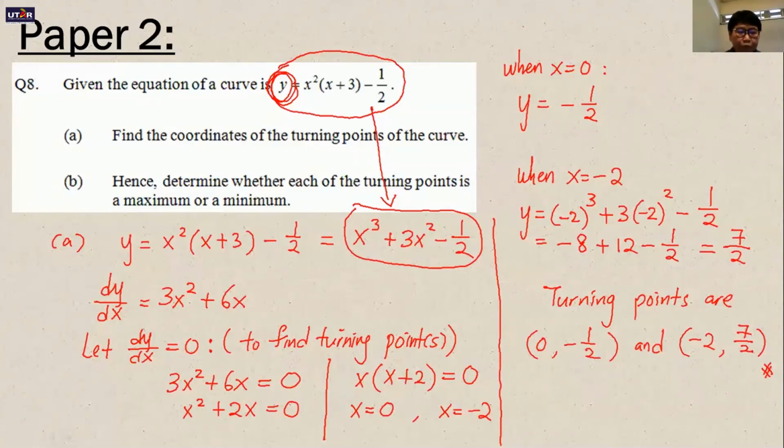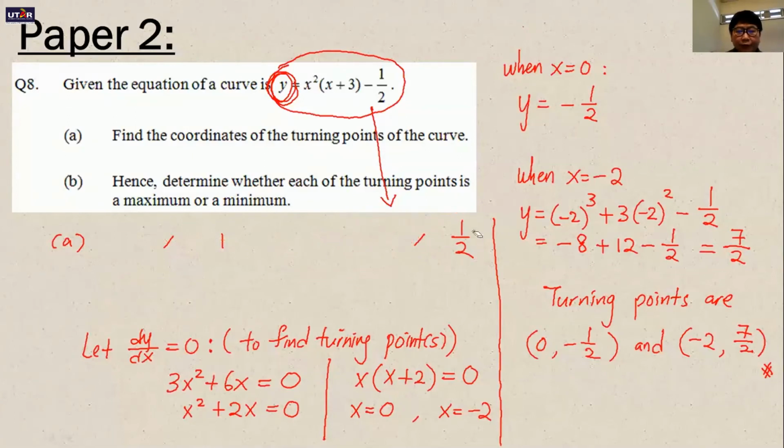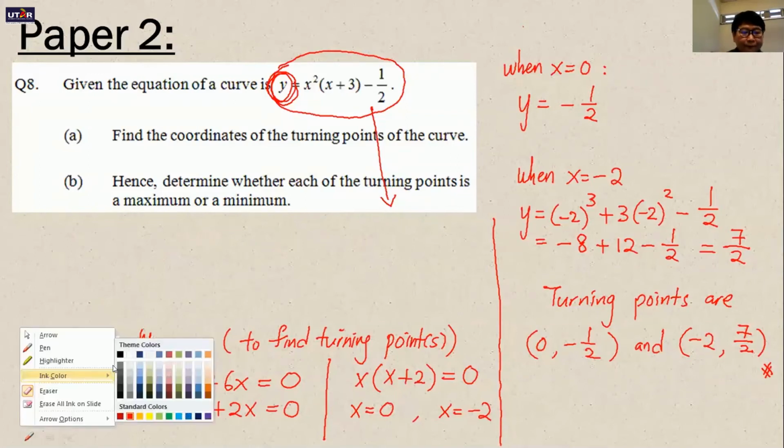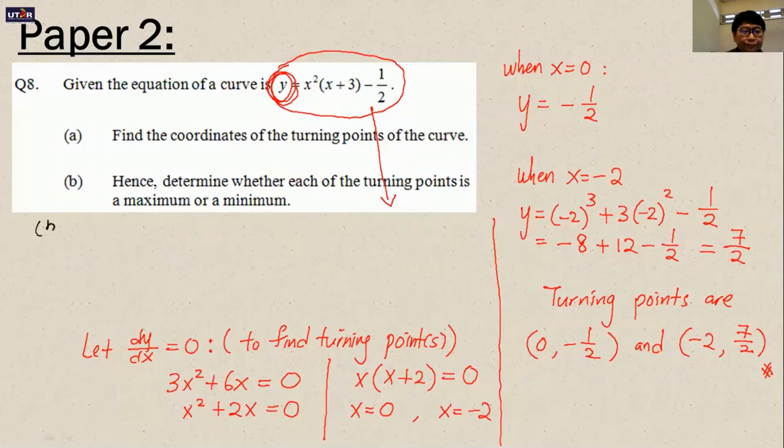Since I said second derivative test, it means you have to differentiate again. Oh, sorry, I did the dy over dx by dy. I can write again. Okay? So now we go for part B. I need to determine whether the turning point is maximum or minimum. I need to differentiate again.